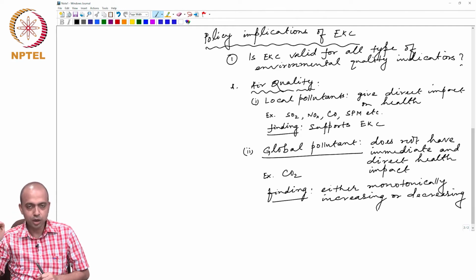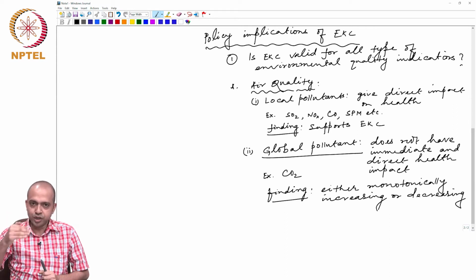One is local pollutant, which have direct and immediate health impact like sulfur dioxide, NOx, carbon monoxide, suspended particulate matter, etc. And in most cases this local air pollutant supports EKC type of relationship between air quality and per capita income.